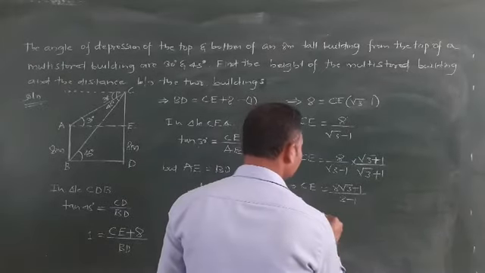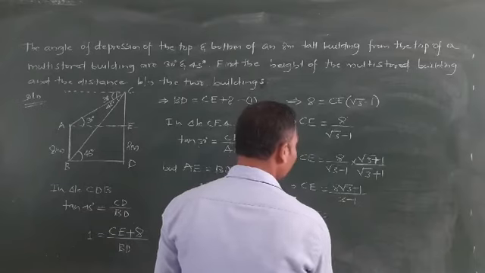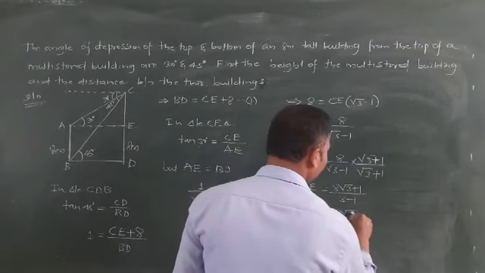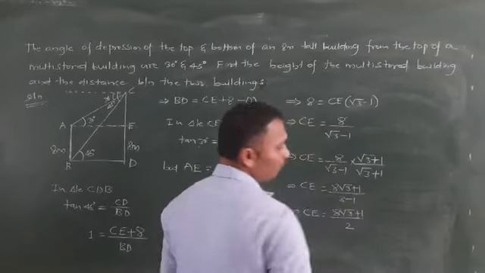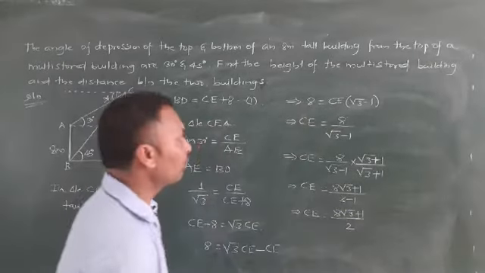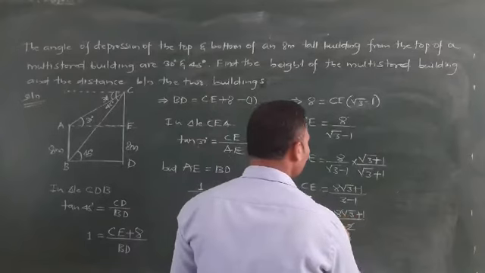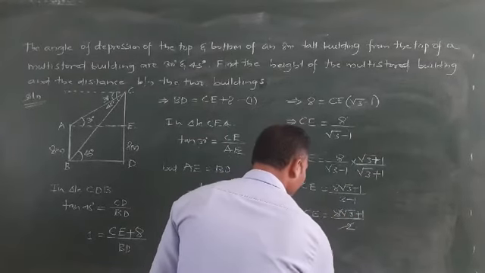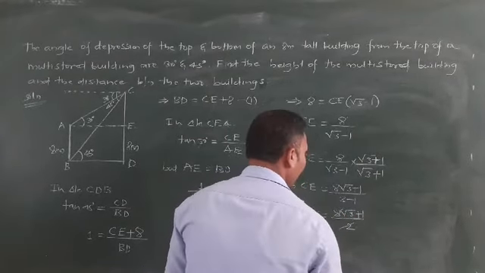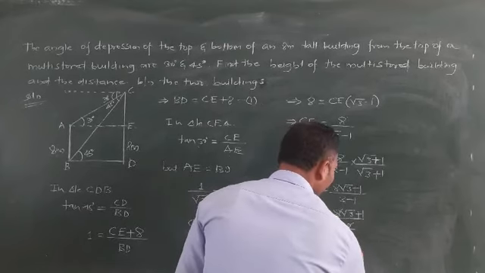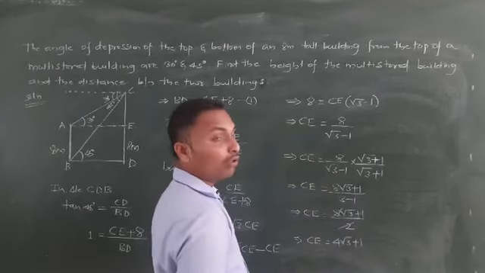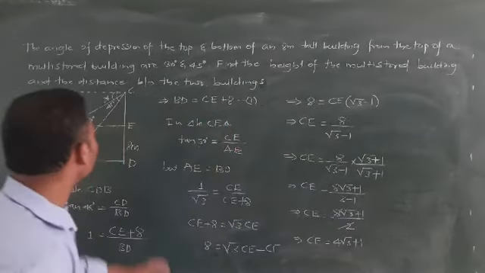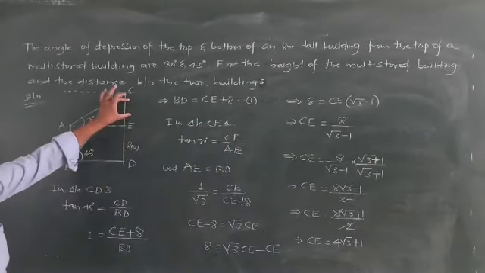So now again c is equal to 8 root 3 plus 1 divided by 2. Okay, 3 minus 1 is 2. We got here 2. Now 2 1s are 2, 2 4s are 8, so c is equal to 4 root 3 plus 1. So this is the value of c.